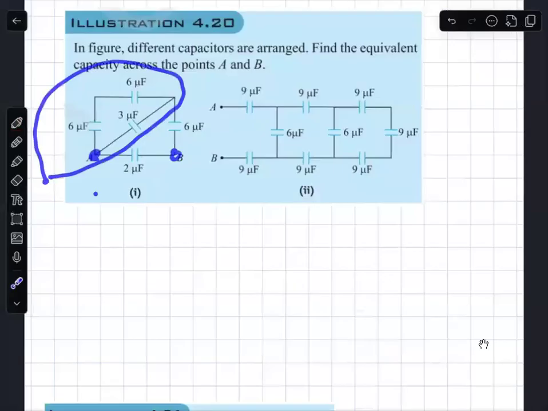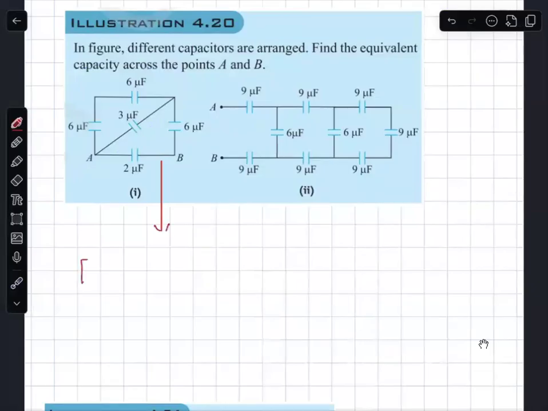Now in this part, 6 series, what is the effective capacitance? 6 series, 3 microfarad. 3 parallel, 6 microfarad.